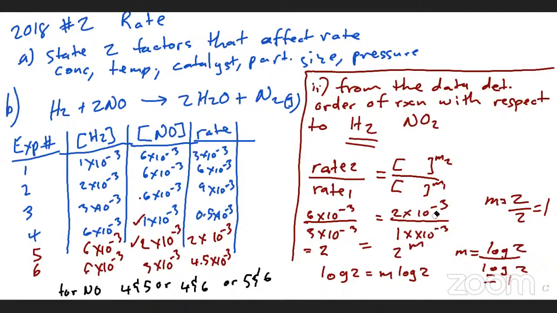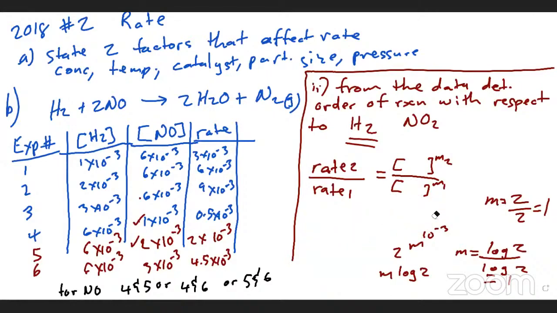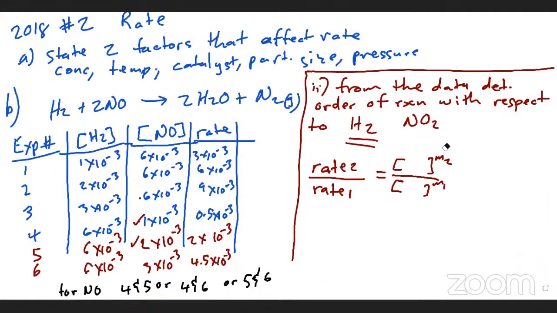So I'm going to erase this. All right, so which experiment do you want to use? All right, let's use 4 and 5. So we're going to do this using experiment 4 and 5.